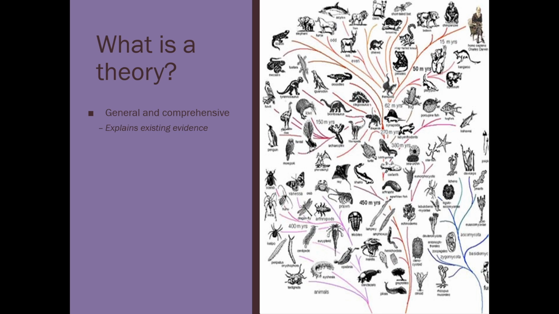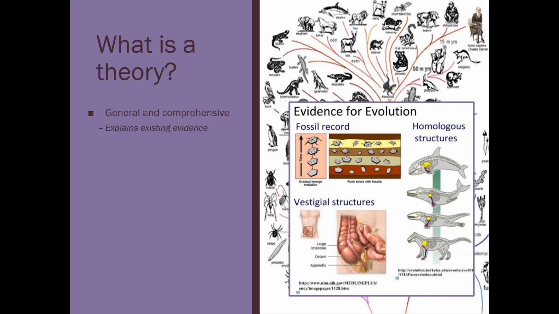So the goal of a theory is to explain the existing evidence, the evidence that's been provided so far. For example, in evolutionary theory, there are a number of different things that evolutionary theory is able to explain.